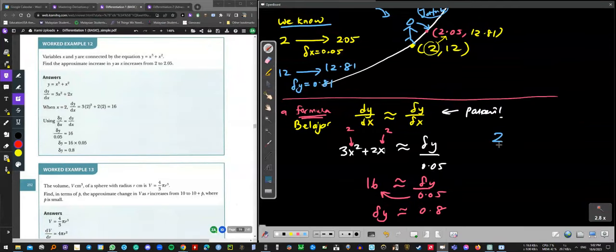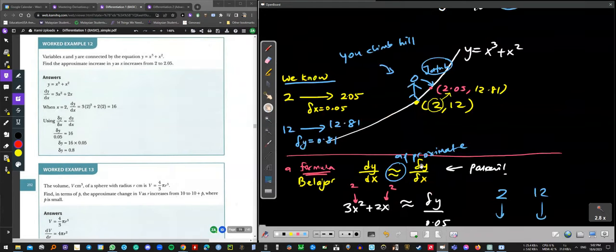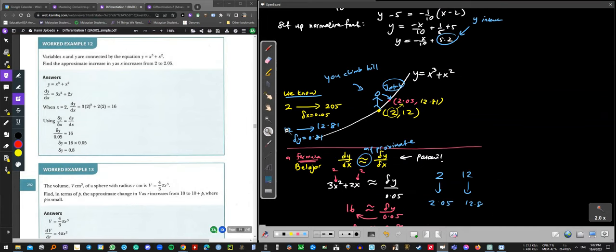So kita tahu 2 transform jadi 2.05, kalau 12 jadi 12.8. Ni pakai formula yang approximate. Approximate bukan tepat. Yang curve function tu lagi tepat lah. So dapat 12.81. Sekian. Soalan?